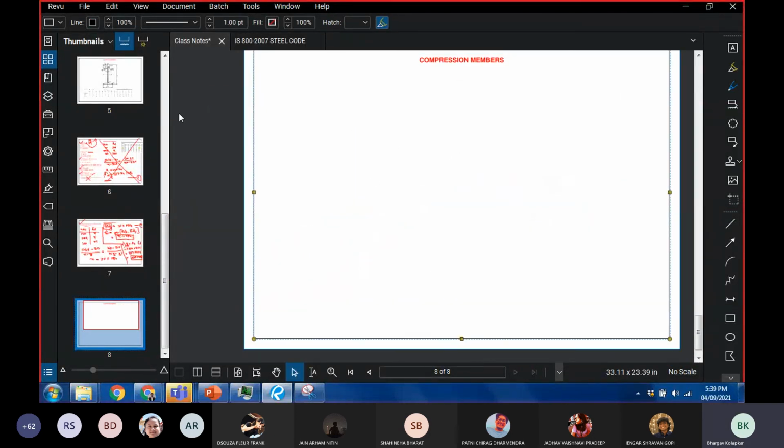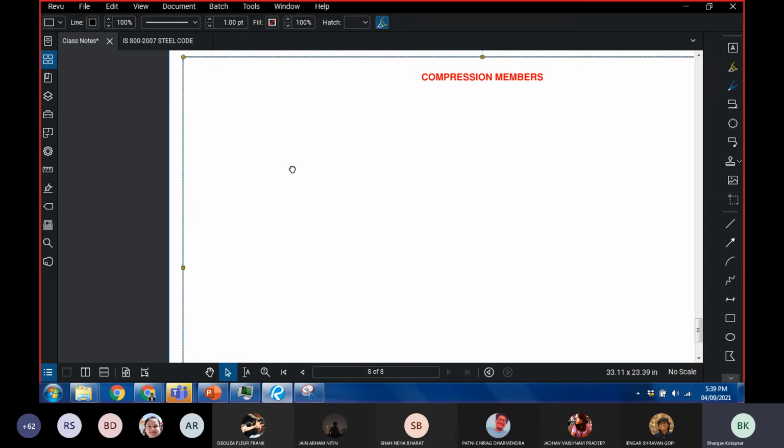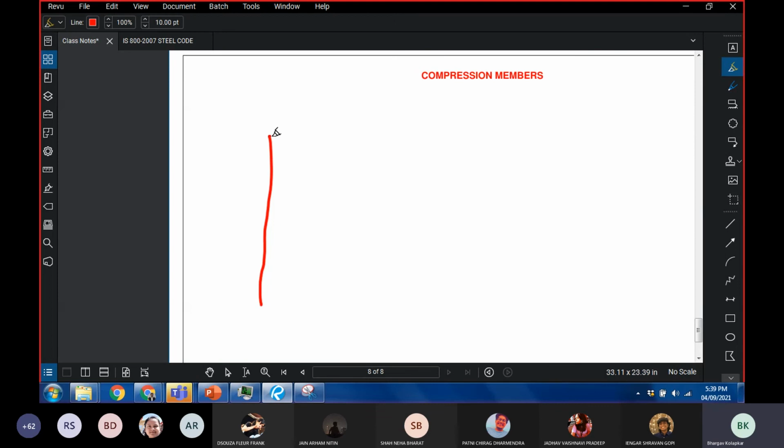Okay, so if I have understood your question correctly, let us say that this is our column in elevation, and say under an eccentric axial load, it buckles like this.